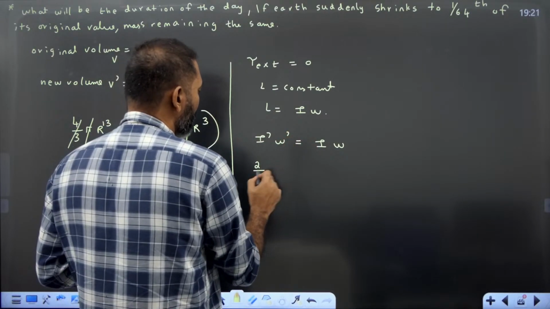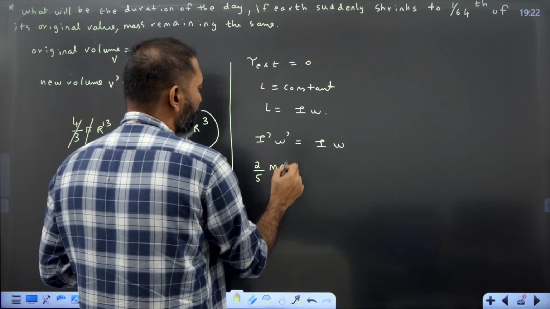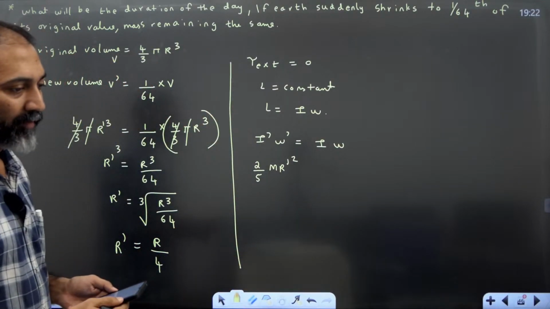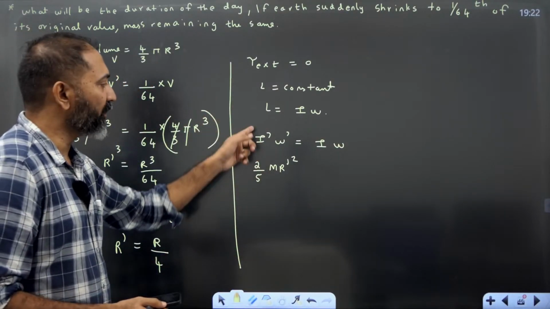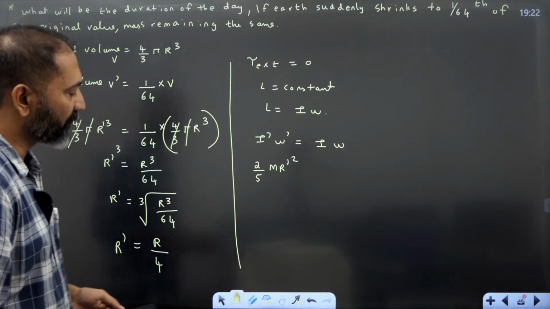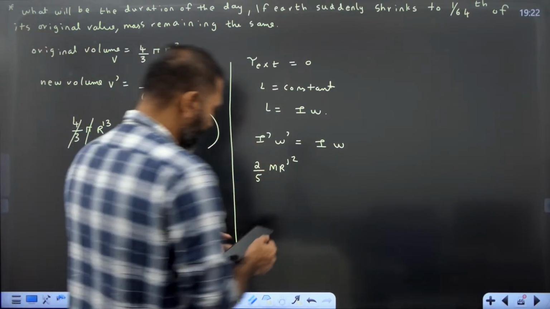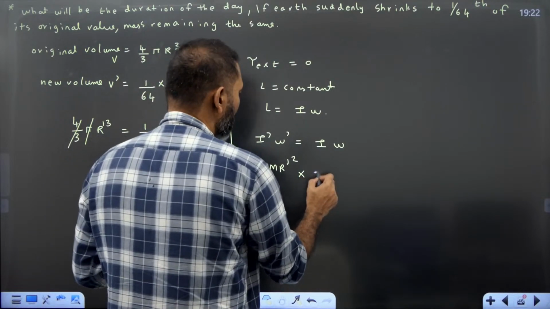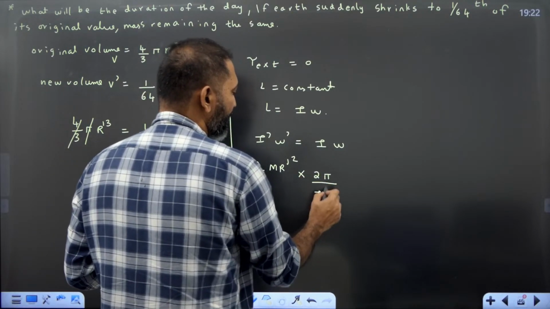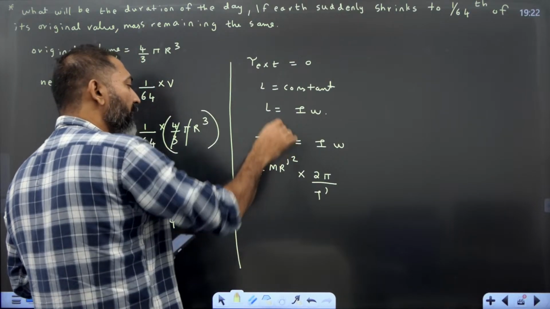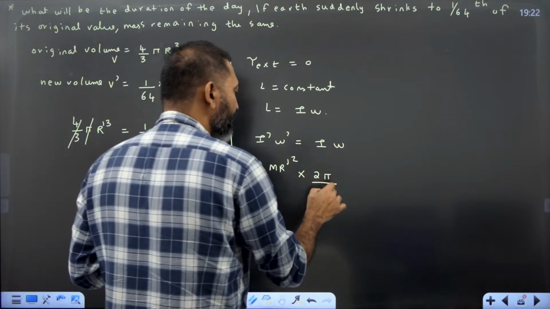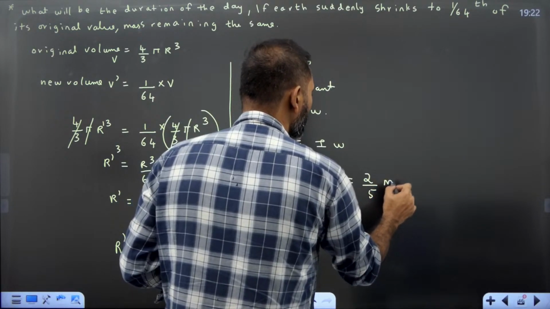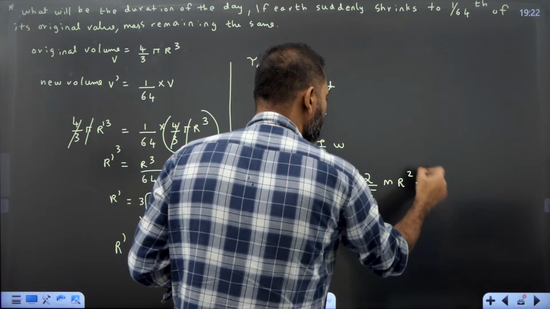So, 2 by 5 m r dash square, because sphere moment of inertia is 2 by 5 m r square. Since it is new Earth, I am writing m r dash square. Instead of omega dash, I should write 2 pi by t dash, where t dash is the new time period. So, 2 by 5 m r dash square into 2 pi by t dash is equal to 2 by 5 m r square into 2 pi by t.